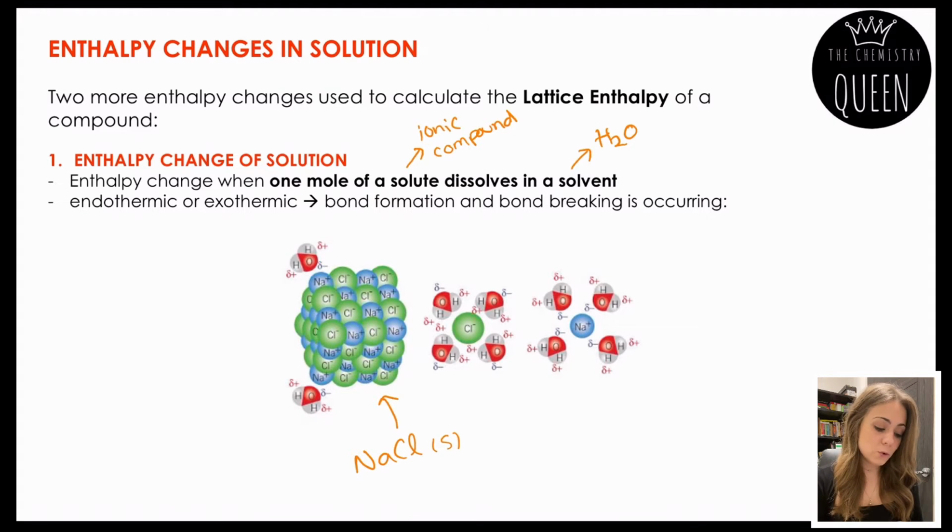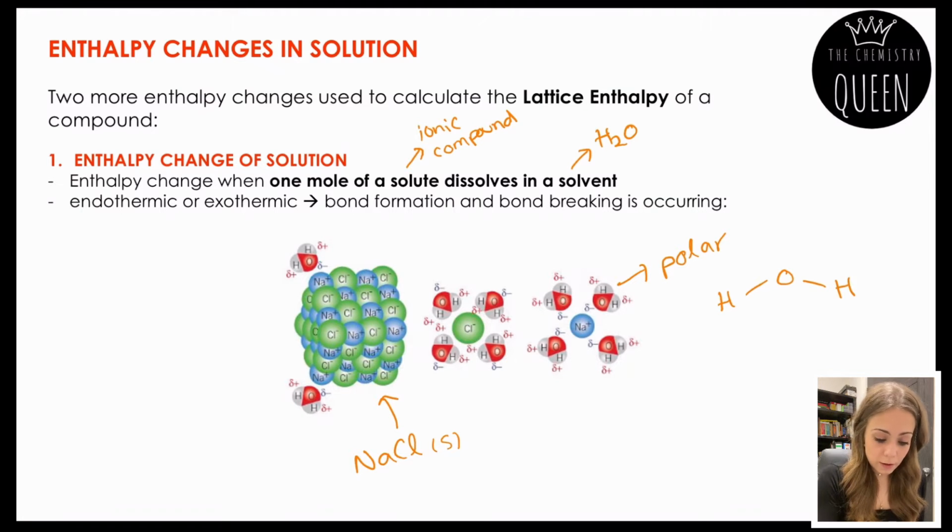Now, in order for that compound to dissolve in water, those strong ionic bonds have to break down. And when they break down, that allows the ions to move freely in the water. So something must be causing those ionic bonds to break down, and it is in fact the water molecules themselves, because water molecules are polar molecules, meaning that one end of the water will be slightly negative and one end will be slightly positive.